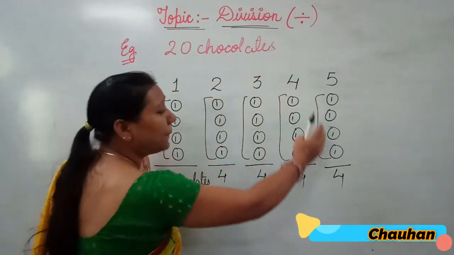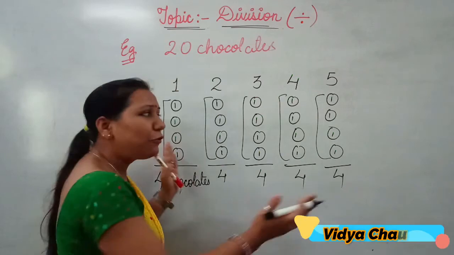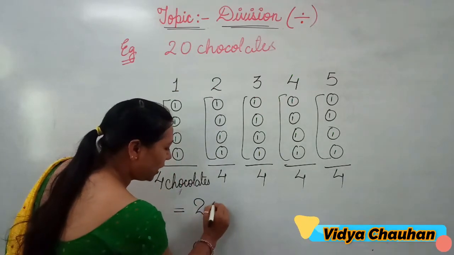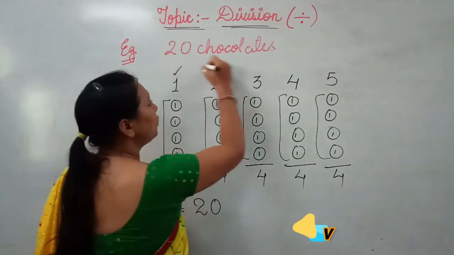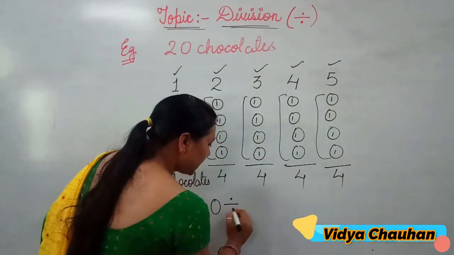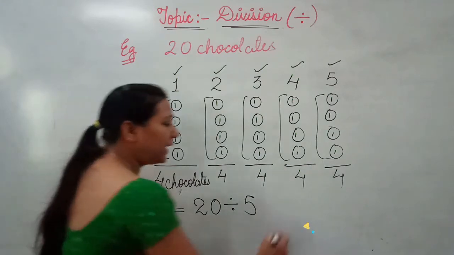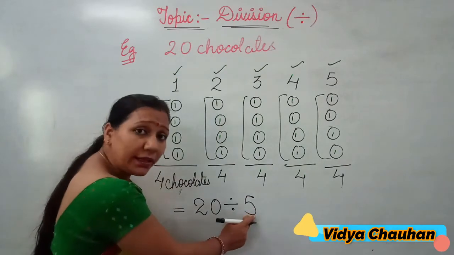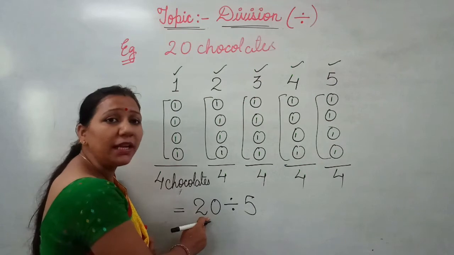Now, if I have to combine this whole solution in a very short form, I can write it as: total 20 chocolates are there, and these 20 chocolates I have to distribute among 5 children. So let us divide 20 by 5. When you divide this by 5, what you have to do? You have to read the table of 5 and count how many times you get 20.